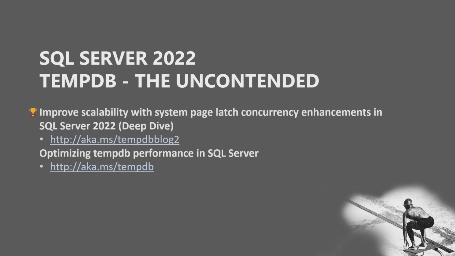The other reference really gets into what is tempdb, what is stored there, how it is different in Azure SQL, optimizing tempdb performance in SQL Server, memory optimized tempdb metadata, and how to monitor tempdb. It's called Optimizing tempdb Performance in SQL Server.